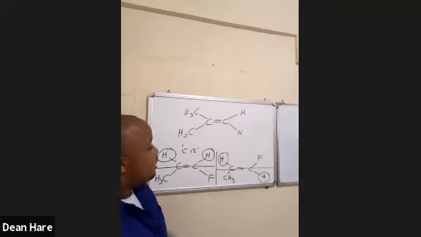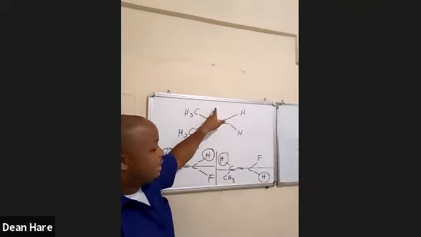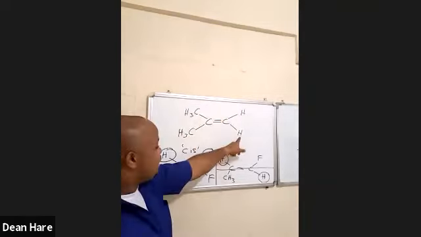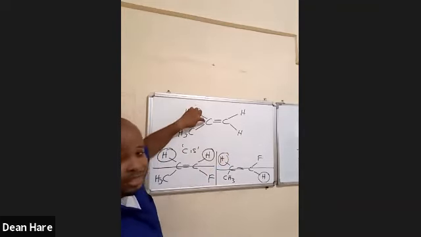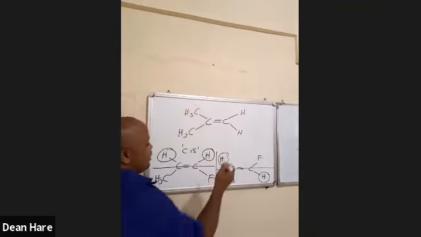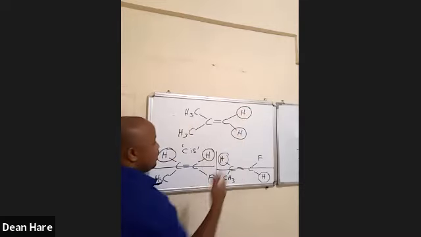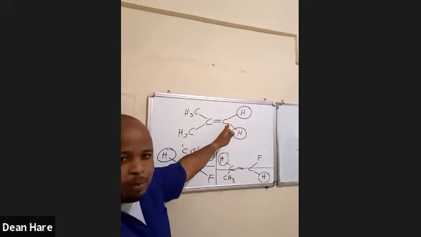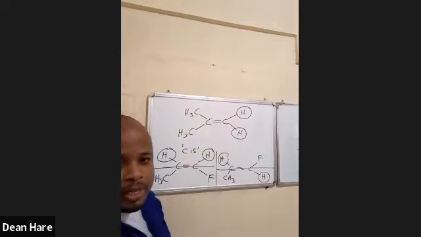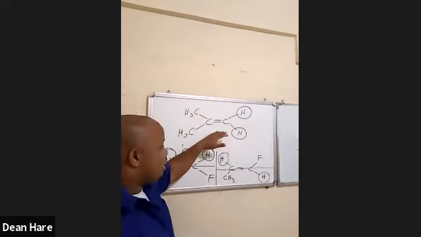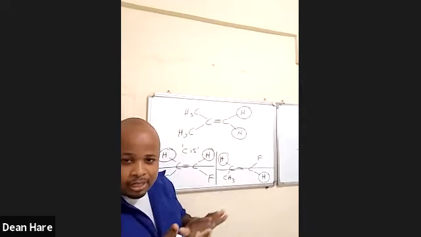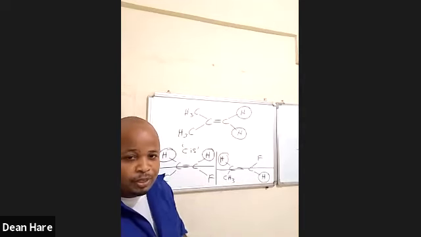Not even that, but for it to be on this same side, this would have to be on this carbon. So because the groups that are similar are attached to the same carbon atom, at no point in time can they arrange themselves in the cis or the trans configuration.